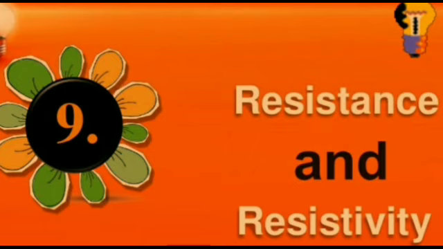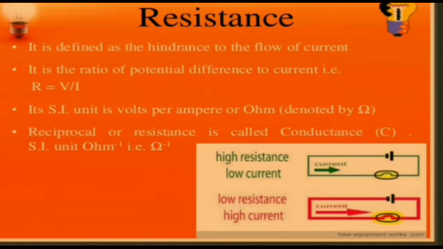Next, resistance and resistivity. So R means resistance, no? Yes, that's why we are going to discuss what is resistance and resistivity. First, resistance. It is defined as the opposition to the flow of current, and it is the ratio of potential difference to current.